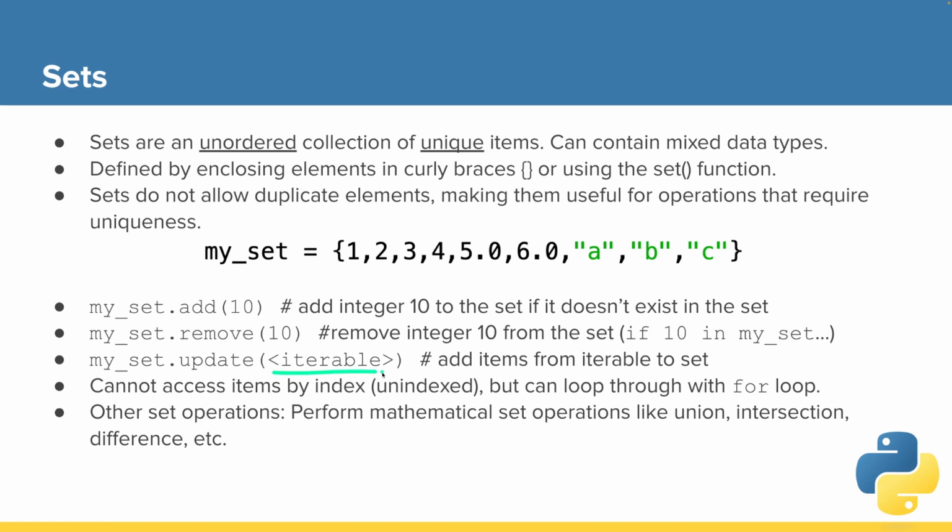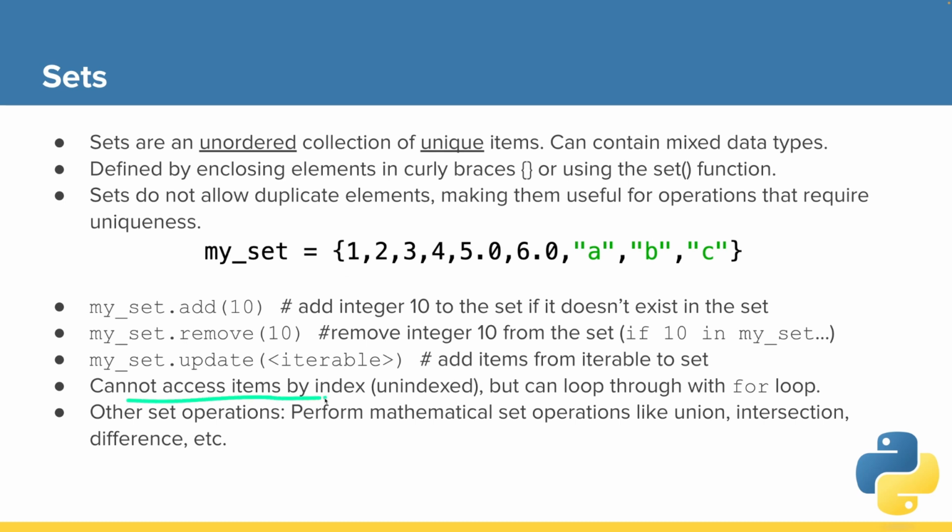And what I mean by iterable is a data type that can be iterated over, such as a list or a string. We can iterate over each index position and pull those values. So the update method would pull each character from a string. For example, if we put a string in here, it adds all those characters as separate items in a set. And we'll look at an example of that.